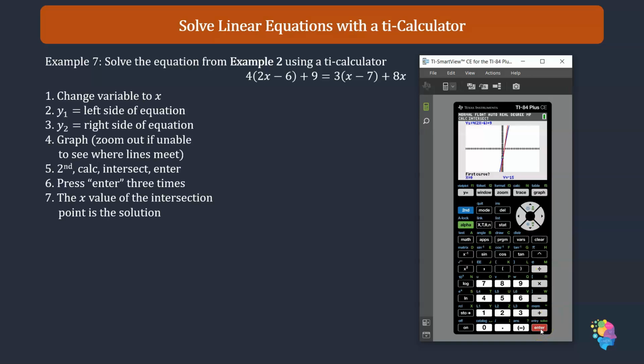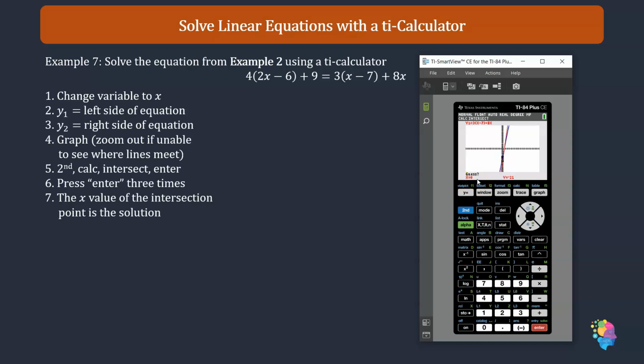And now it's going to ask you this. Is this your first curve? They want you to check and make sure that you wrote the left side correctly. You say yes, so that's why I'm going to press enter once. Then they ask you, is this the second curve? They're asking you if you wrote the right side correctly. That's a yes, so we press enter twice. And then the calculator is asking, do you want me to guess?